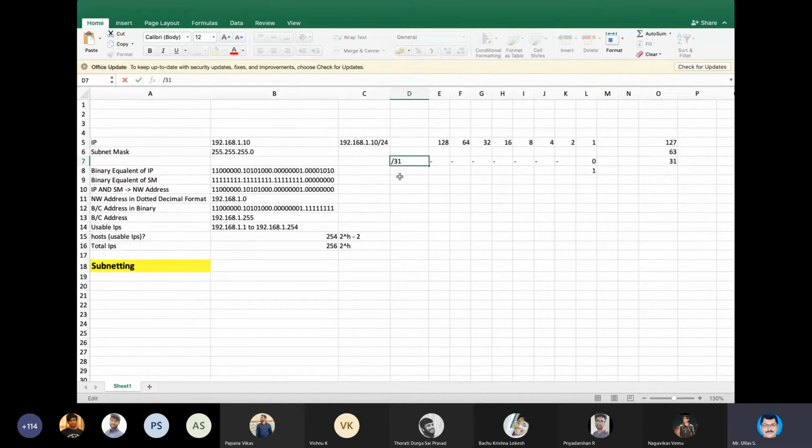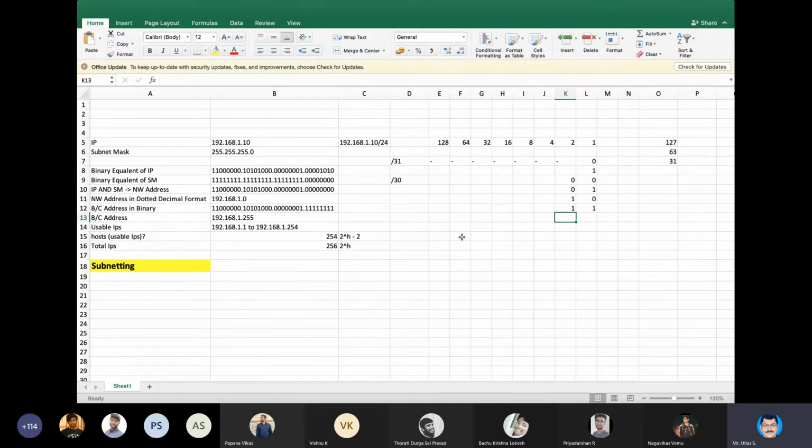Now if I go for /30, then I will have the last two bits for my host. So these 4 combinations I can have, right?